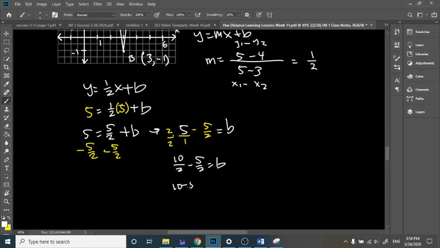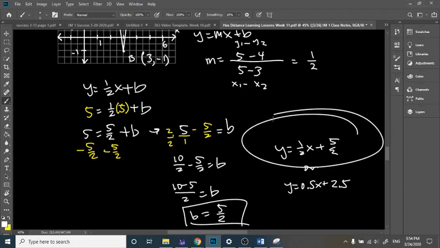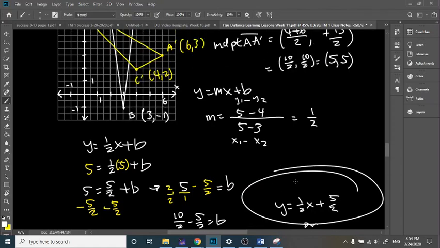Then we have 10 minus 5 over 2 equals b, which tells us that b is 5 over 2, or 2.5. So y equals 1/2 x plus 5 over 2, or 0.5x plus 2.5. This is the preferred one because it tells you a lot more.